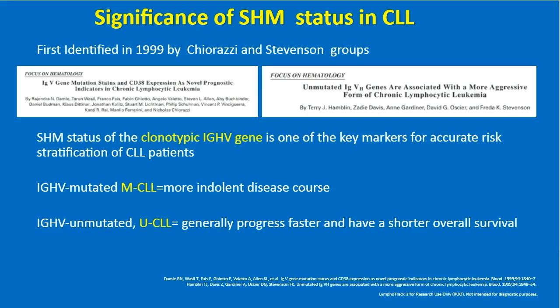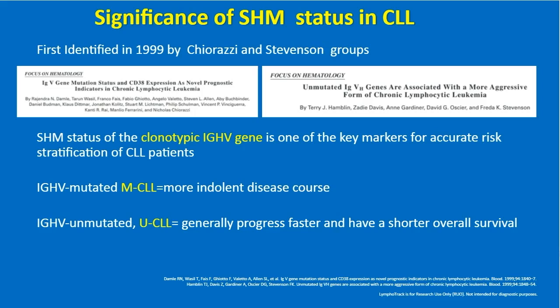So where did the story start with somatic hypermutation? In 1999, two groups independently identified that the clonotypic IGHV gene and its mutation status is an indicator of risk stratification. If it is mutated, it means more than 2% of the sequence differs from the germline sequence.